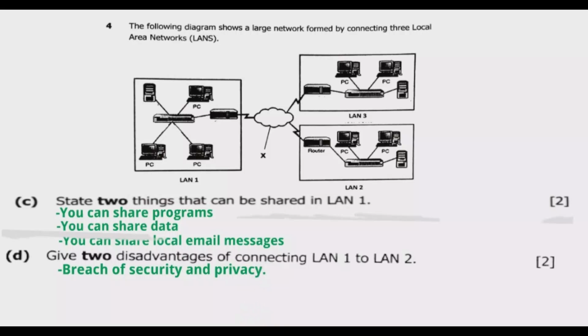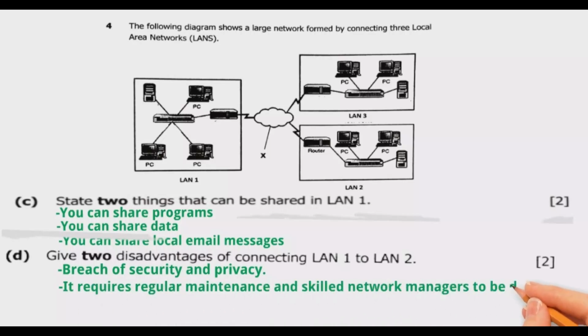So there will be no privacy and security. Number 2, it requires regular maintenance and skilled network managers to be deployed. So you need to deploy skilled network managers so that it can work effectively.